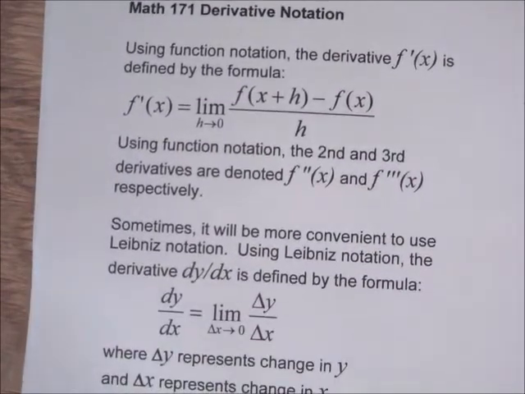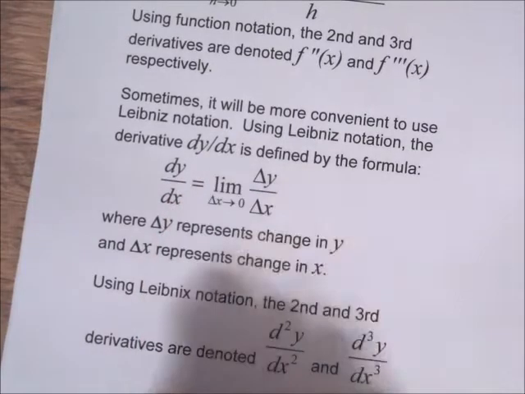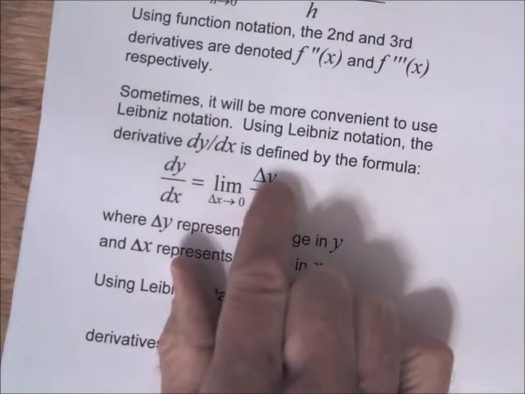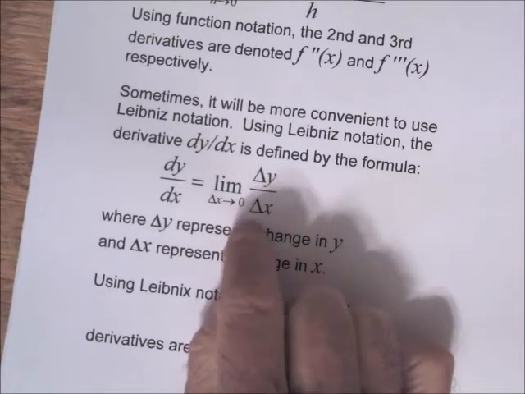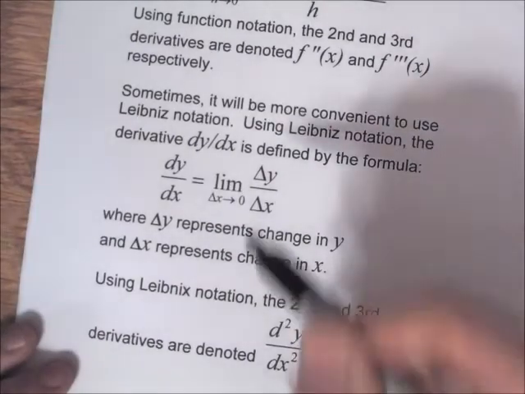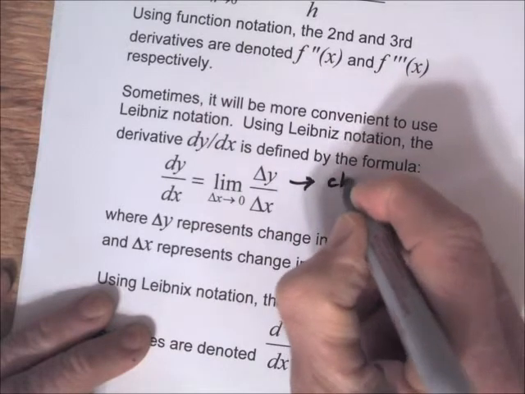There's another notation that is sometimes useful, and that's dy dx, and that's defined as the limit as delta x goes to 0 of delta y over delta x. So delta y would be the change in y, delta x is the change in x. So they're basically saying the same thing.